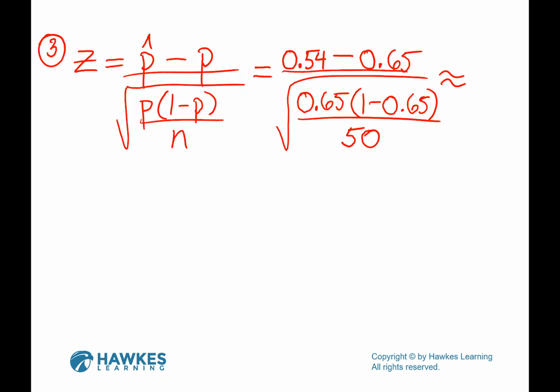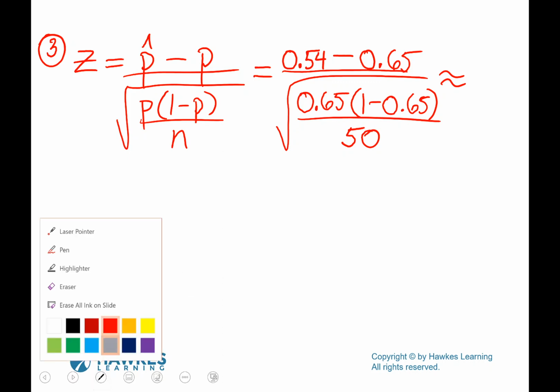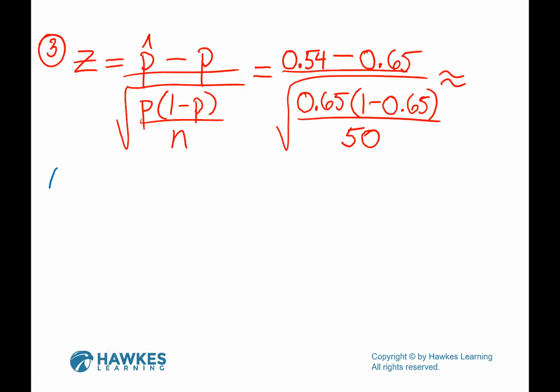So what I typically type in on these is, if we're doing it all at once, parentheses 0.54 minus 0.65, close parenthesis, divided by, we've got to do the fraction bar, and then square root.